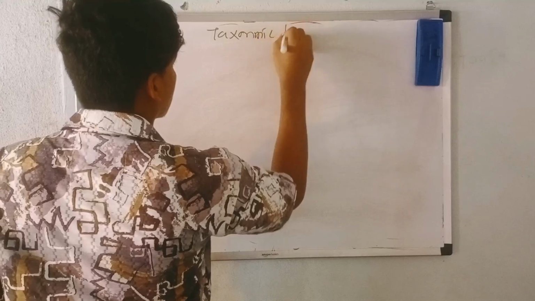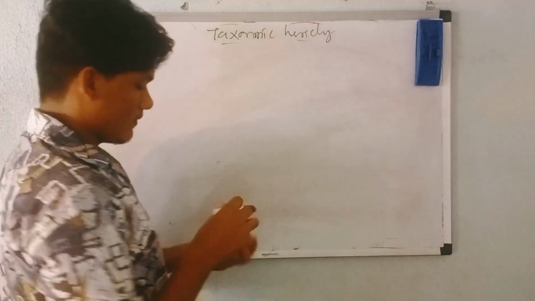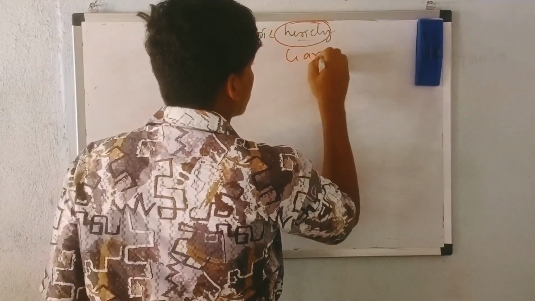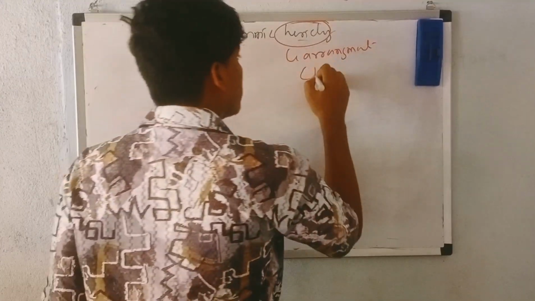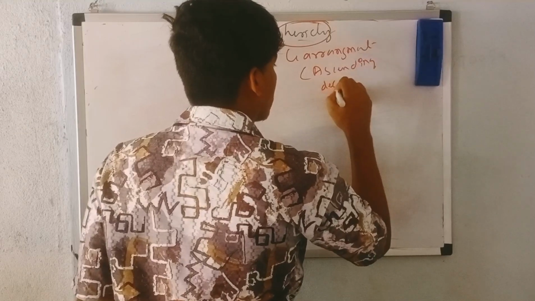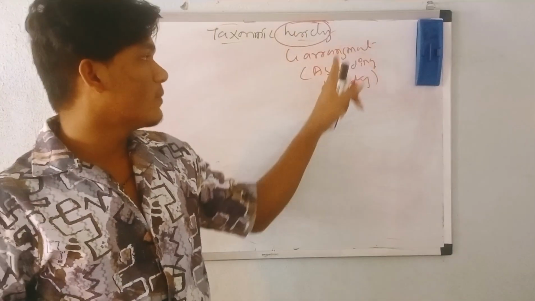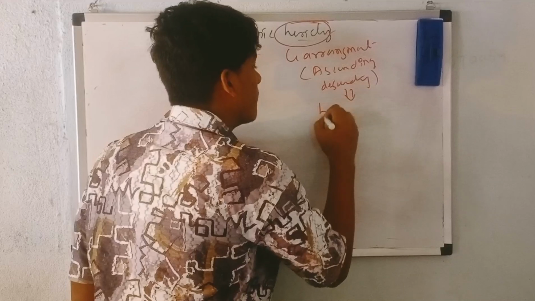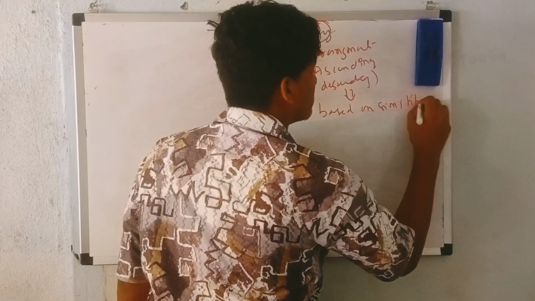What is the meaning of the word taxonomic hierarchy? Hierarchy is nothing but arrangement, whether the arrangement is in ascending order or descending order.